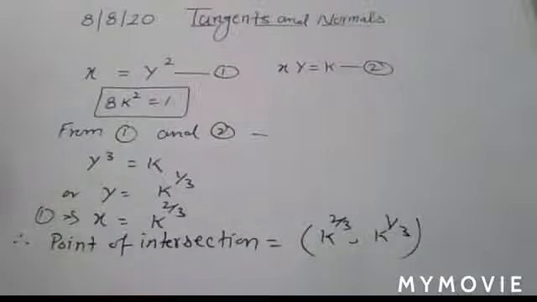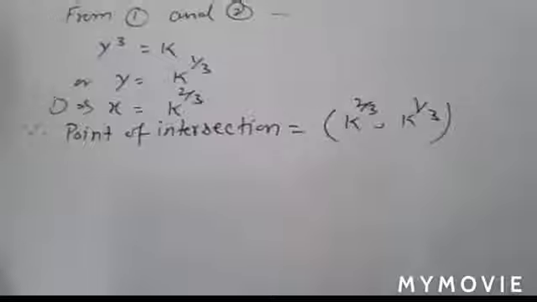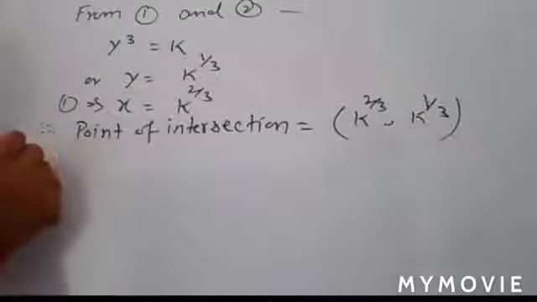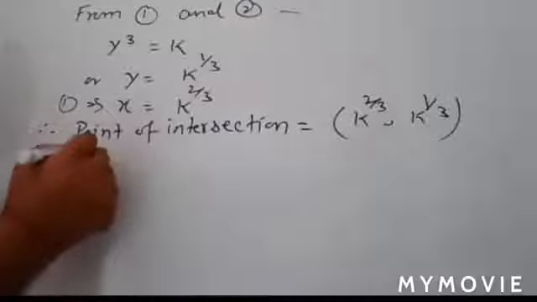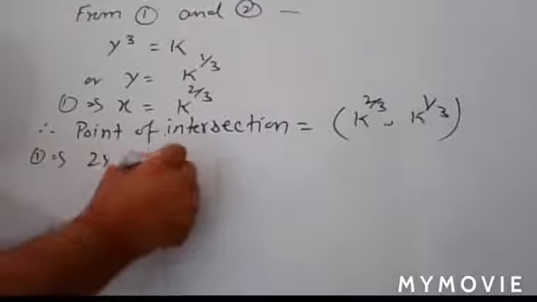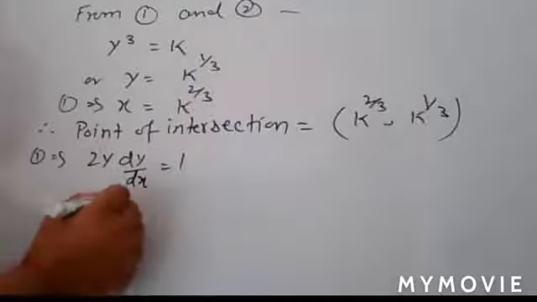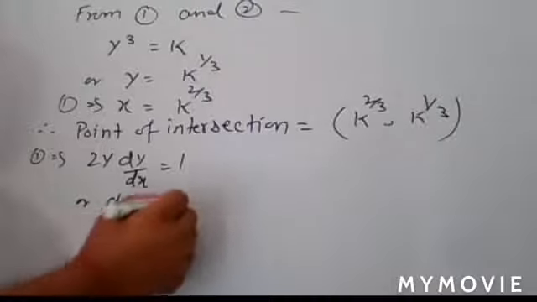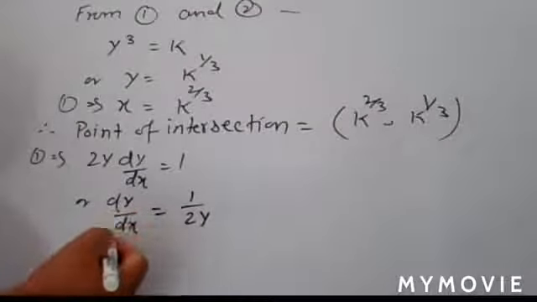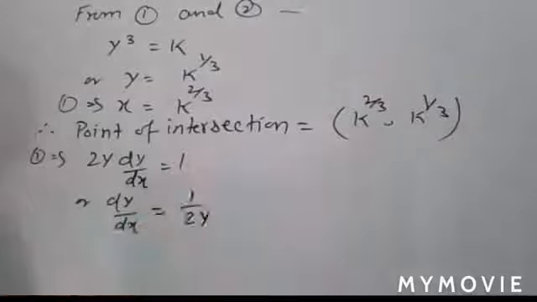Understand? What you're doing here, differentiate it. Taking the first equation and differentiating it, you can write 2y dy by dx is equal to 1. So the value of dy by dx is equal to 1 upon 2y. Now find its value at the point of intersection.